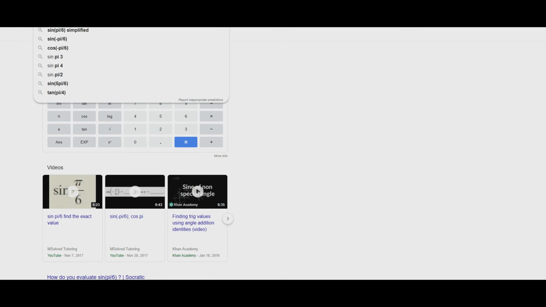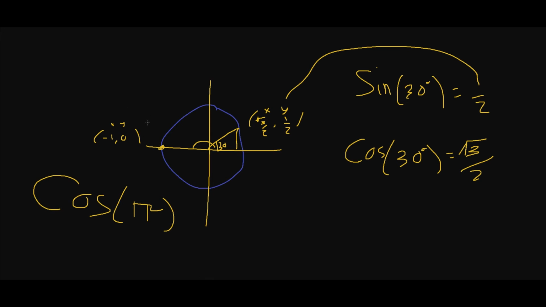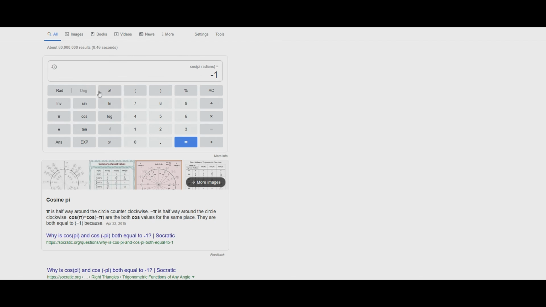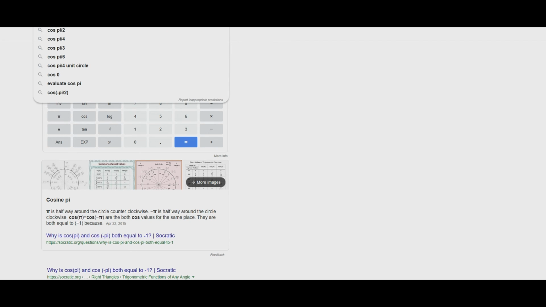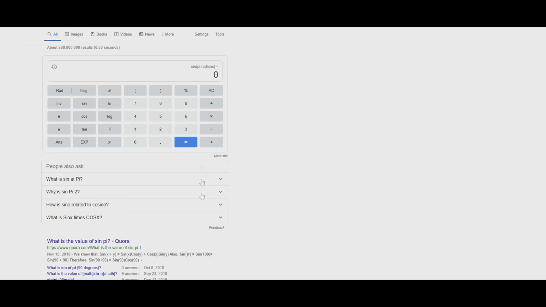So if I come out here and do cosine, I get -1 because cosine is your x coordinate. And if I do sine of 180 degrees or sine of pi, I'll actually get 0. I'll get the y coordinate. And just for kicks and giggles, why not do that? Boom, so we get 0.